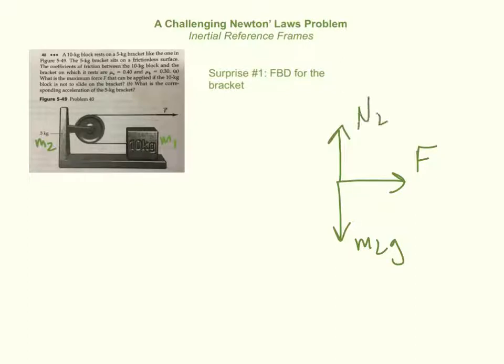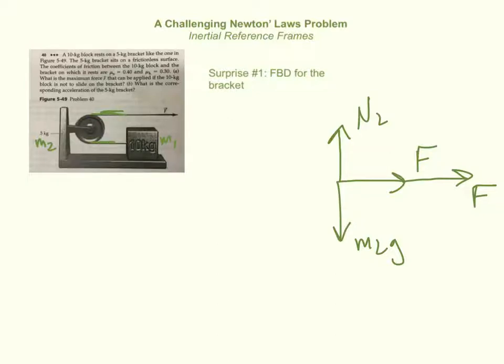I'm going to call the normal force from the ground on the bracket N2, corresponding to the force on M2. Here's the surprise perhaps, right there. We have two forces to the right on the bracket. In other words, this string communicates a force to the bracket, but so does this.